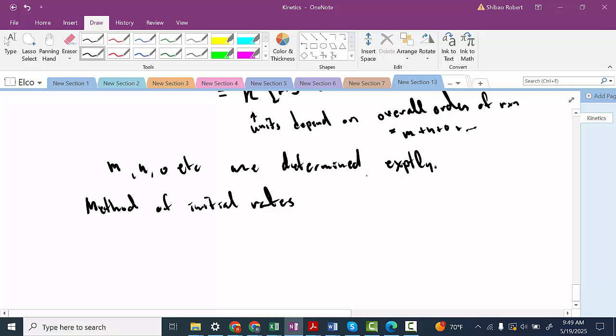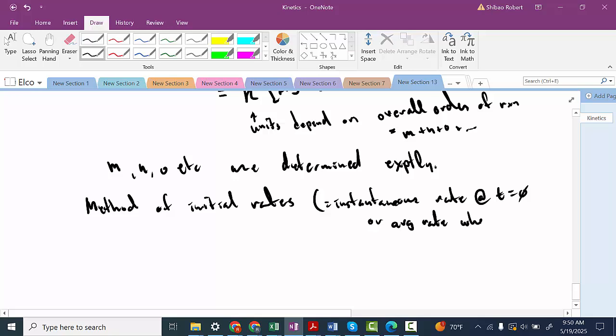So we'll just look at the initial rate. If you recall, the initial rate is either the instantaneous rate at time t equals 0, or the average rate right at the beginning of the reaction, when less than 5% reaction has occurred.